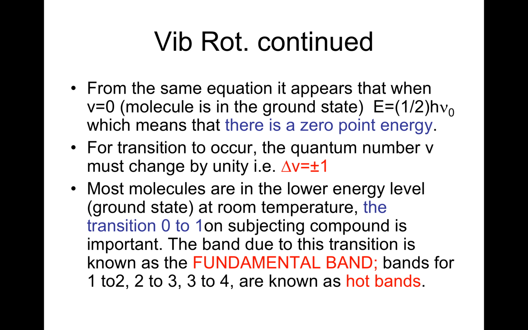Most molecules are in the lower energy level, ground state, at room temperature. The transition 0 to 1 on subjecting compounds is important. The band due to this transition is known as the fundamental band. Bands for 1 to 2, 2 to 3, 3 to 4 are known as the hot bands.